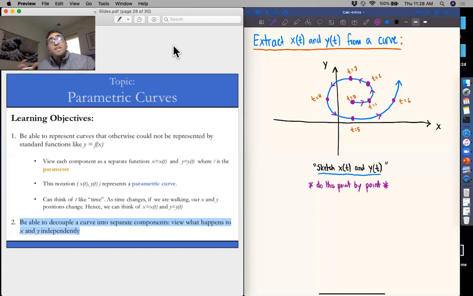We're going to think about this also for one coordinate at a time. So let's think about this first in terms of x.